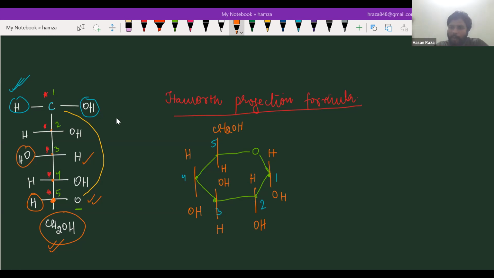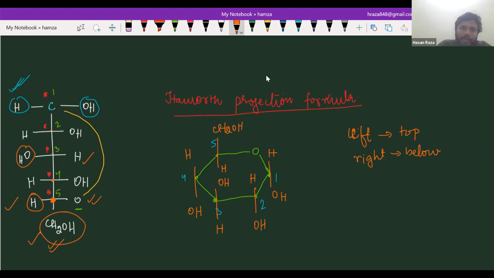When there will be left and right, left will be above, right will be below. But when we come to this point, below will be on the top, and left will be below. So you can say left means top, and right means below.